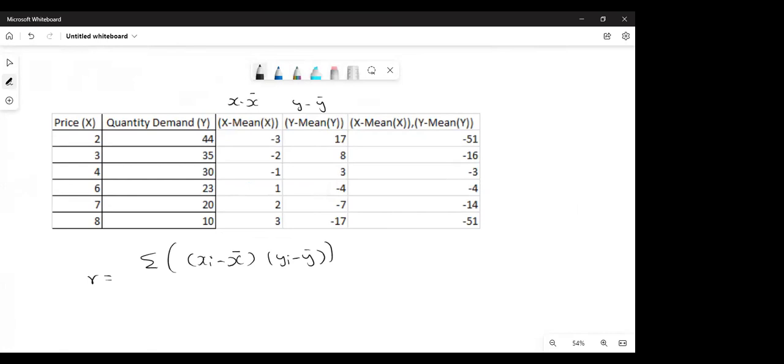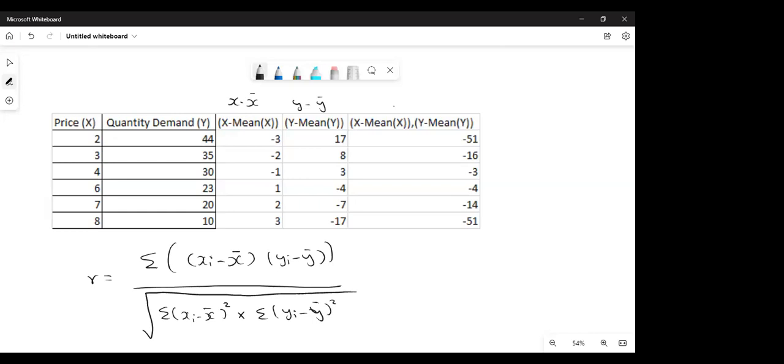And this is the multiplication of both. You just have to do the sum. Tell me what is the sum you have.